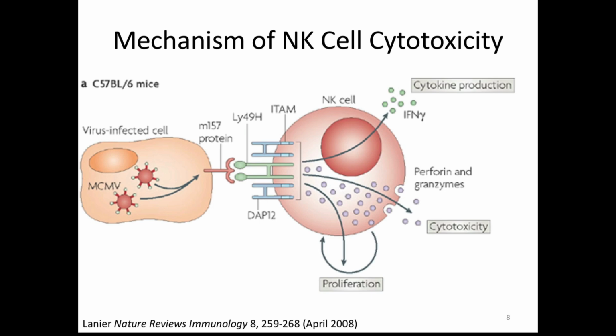The one thing that's not perfect about this figure is I wish that the interferon gamma and perforin and granzymes were going to this cell instead of out the other direction. It makes me very annoyed that they're going out the other direction when they should be going directly to this cell. But we have perforin and granzyme production, and interferon gamma production, as our functions of NK cells. And that is in fact how NK cells mediate their cytotoxicity.